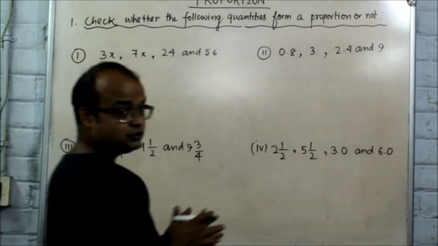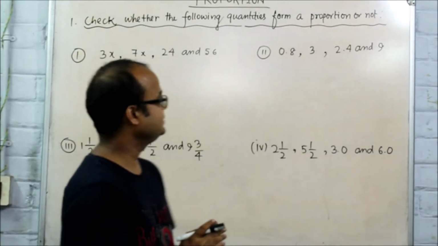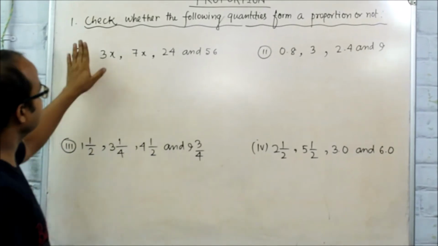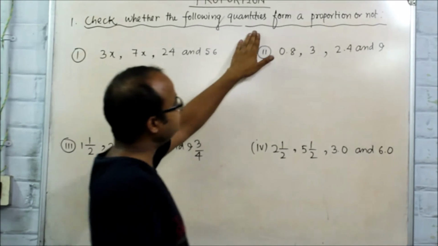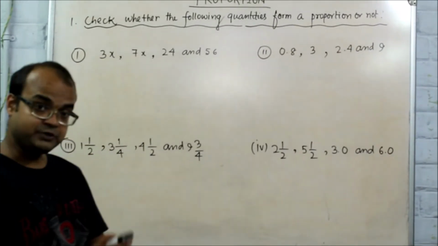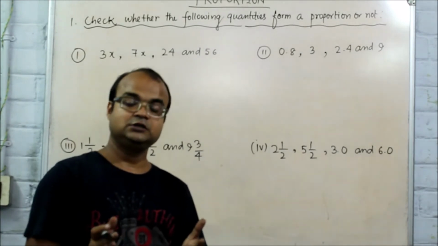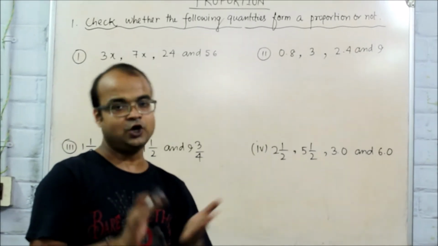Now I am going to discuss with you some problems based on proportion. The first question is to check whether the following quantities form a proportion or not. That means we need to check whether the given terms are in proportion or not.